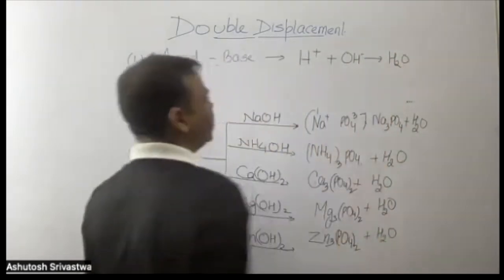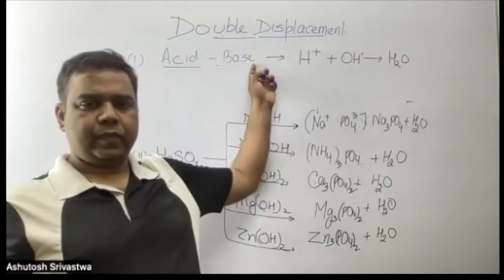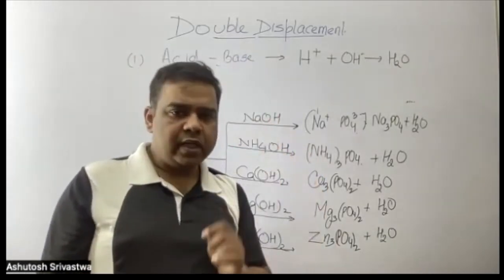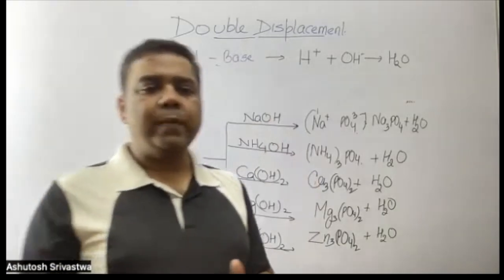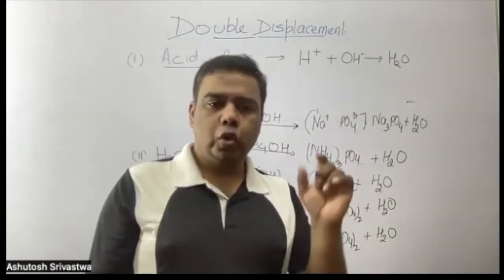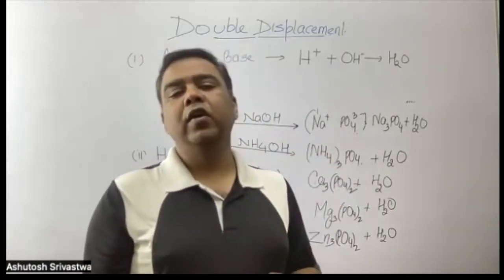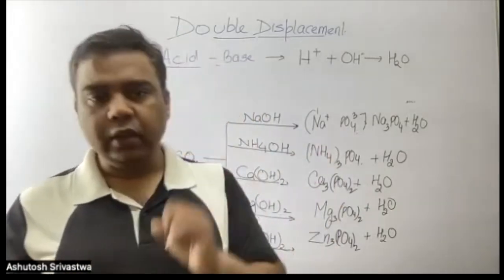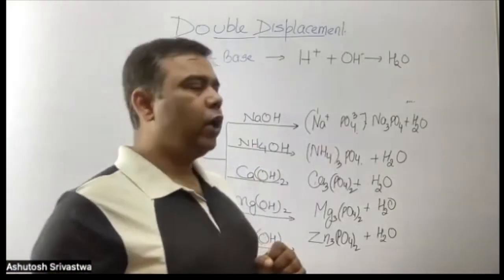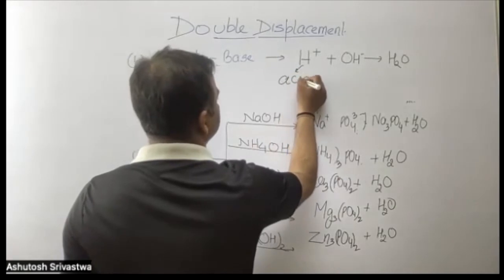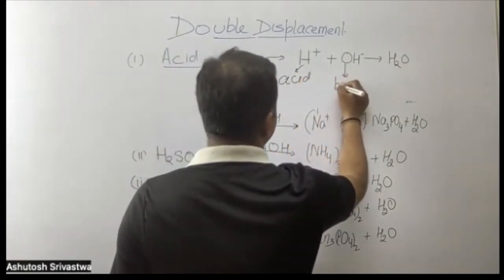Somebody is giving you H plus, somebody is giving you OH minus, and both combine to give one water. This is coming from the acid, and this is coming from the base.